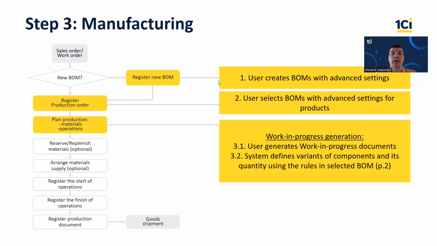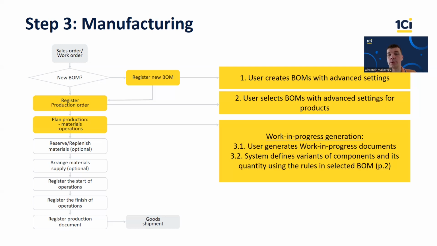First of all, we can register a new BOM with advanced settings. We came through this step already. We can select a BOM with advanced settings in the production order, and the BOM with advanced settings will also be used when we generate work in progress documents.